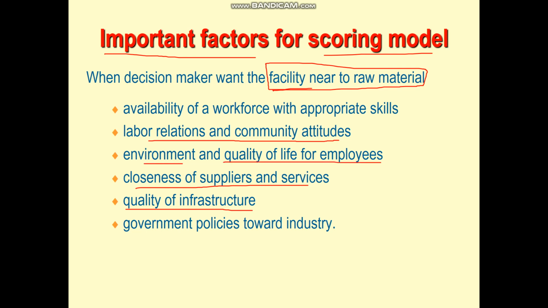And we also need to consider government policies toward the industry.